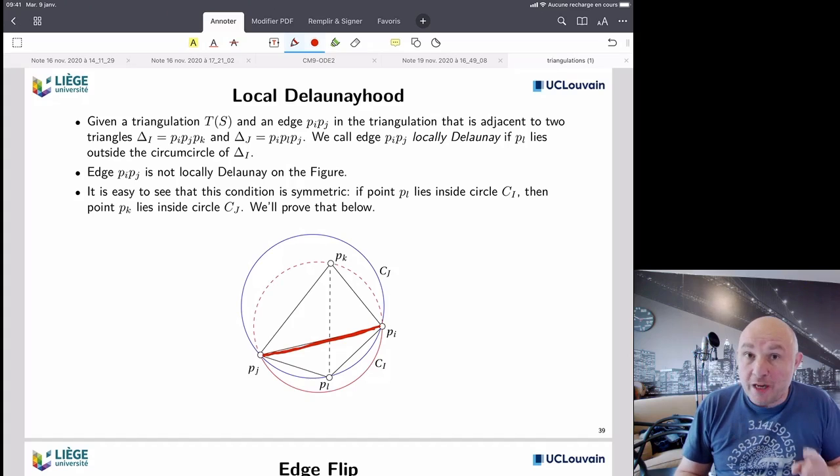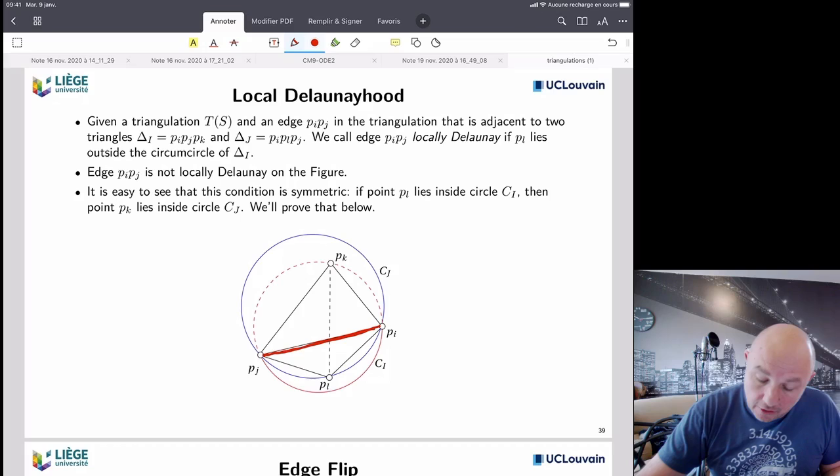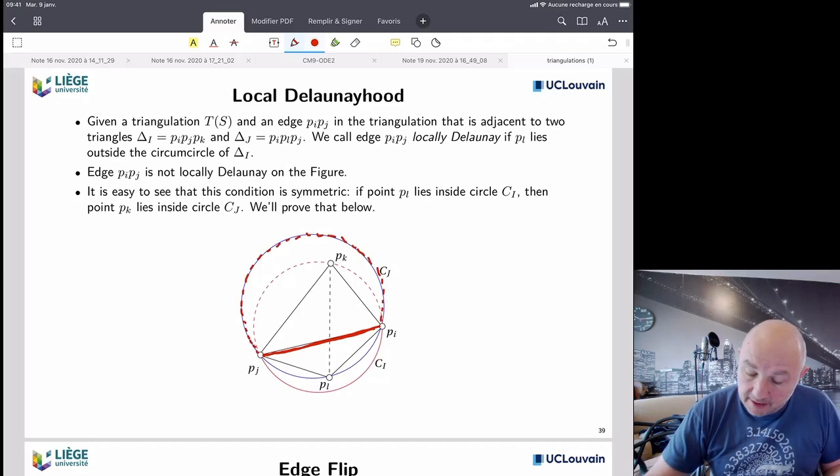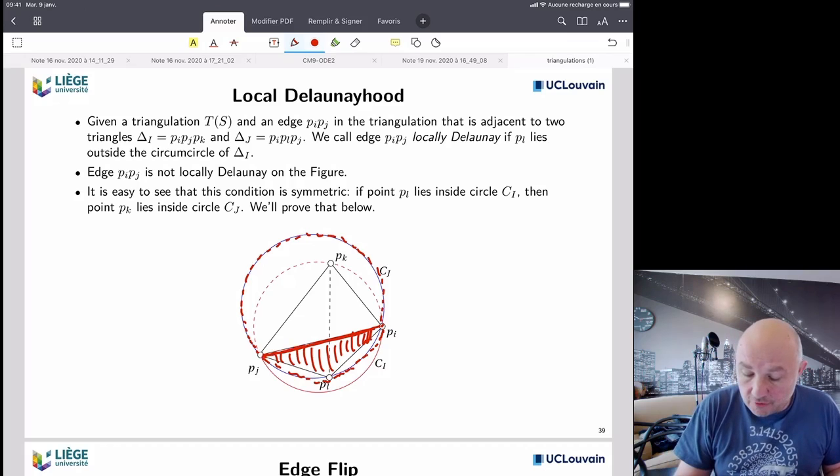This edge is said to be locally Delaunay if you take the circumcircle of one of its neighboring triangles, here, and this one is empty. What you see here is that the circumcircle of this triangle that I just drew is not empty, so this is not an edge that is locally Delaunay.